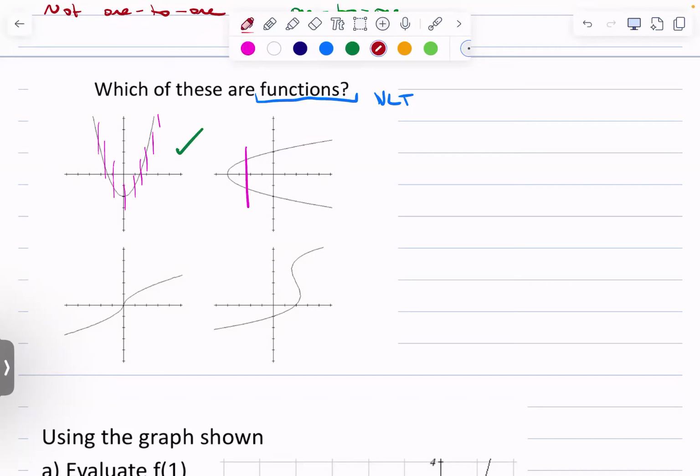Right? Not a function. This one is sneaky, but I'm going to go ahead and say that it keeps moving and it passes the vertical line test.